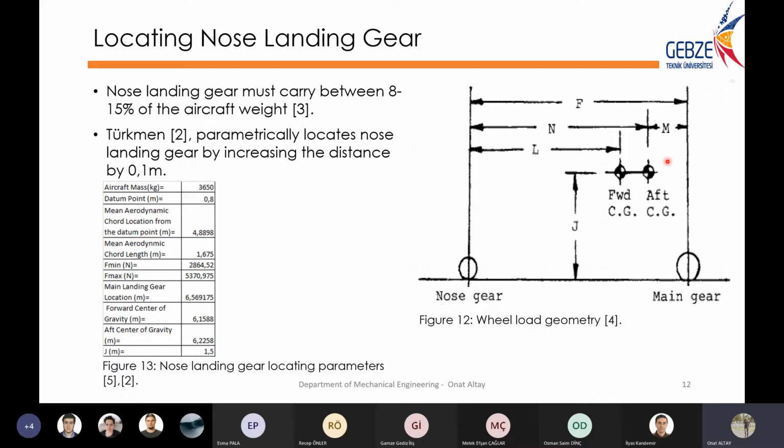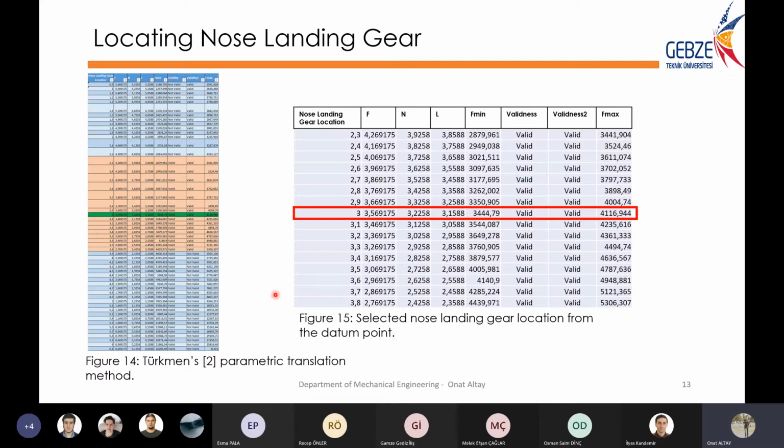In literature, there's a restriction that the nose landing gear must carry between 8 and 15% of the aircraft weight. So I calculated the aft and forward center of gravity here, and based on the type certificate and restrictions of the literature, I applied Türkmen's parametric method.